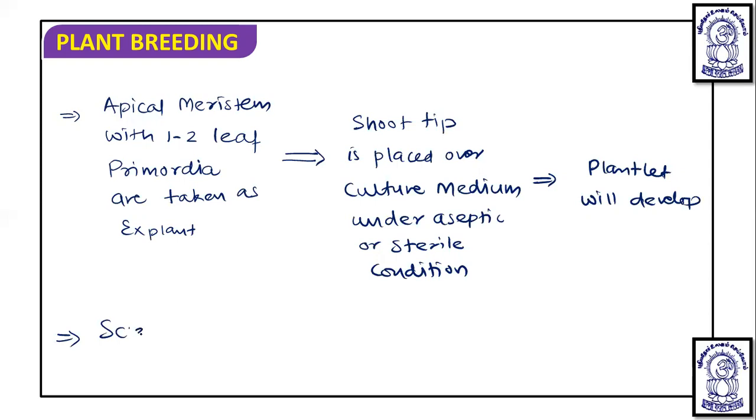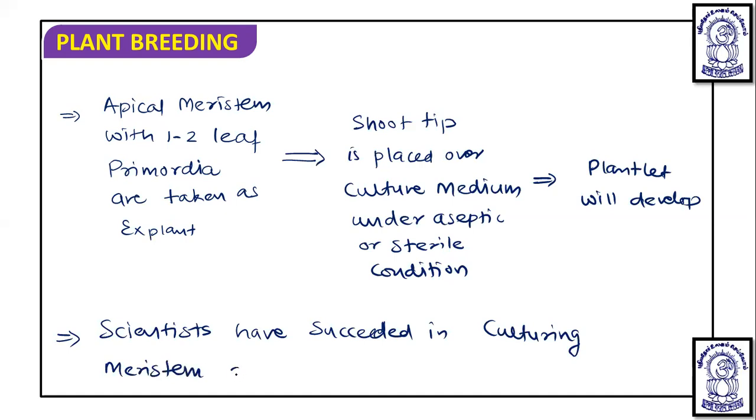And it is known that several scientists have succeeded in culturing meristems of banana, sugarcane, and potato.